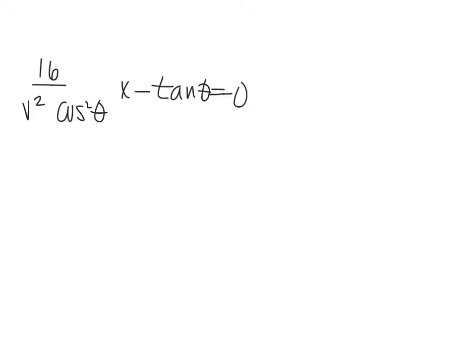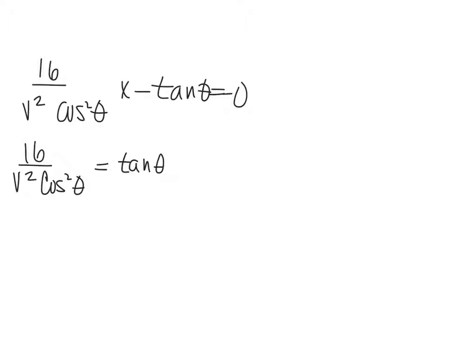So here I have just one of the zero product property rules. 16 over v squared cosine squared theta x minus tan theta equals 0. I'm going to move that tan theta to the right side of the equal sign by adding it to both sides. Cool?